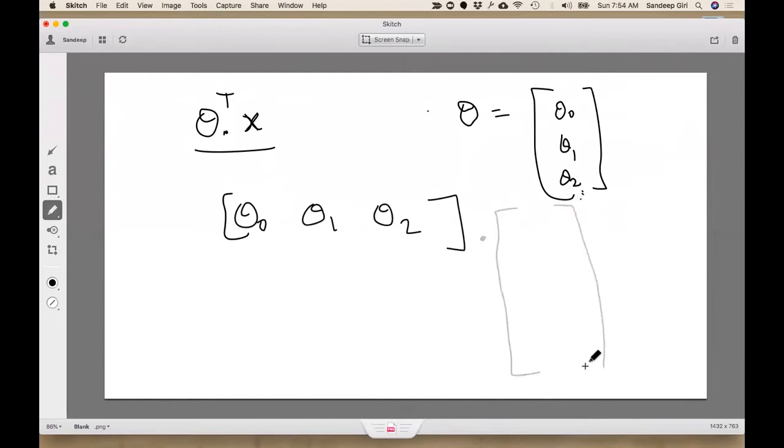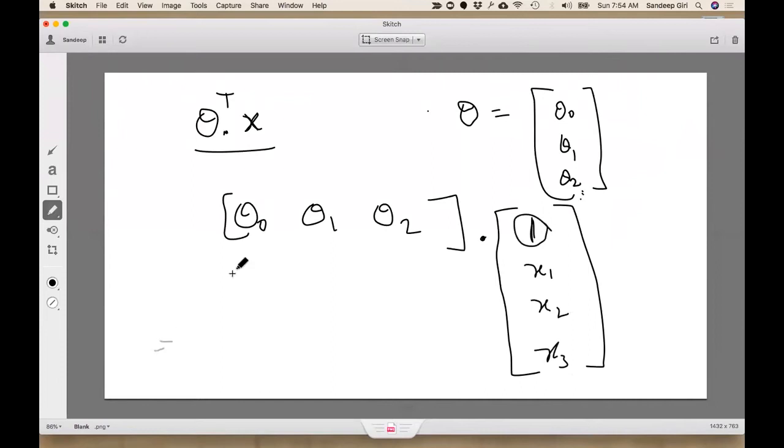By default, whenever we say a vector, this is like a column vector. x is the first feature, x naught. Sorry, we are going to put one extra one here and then say the first feature x1, x2, and x3, correct? These are the columns, x1, x2, x3, and we add an extra one here. You will see that very soon.